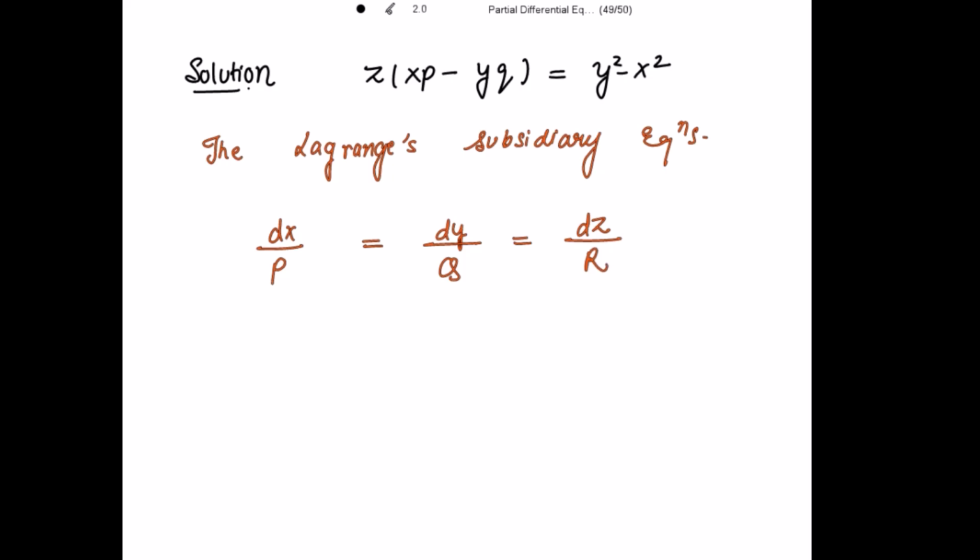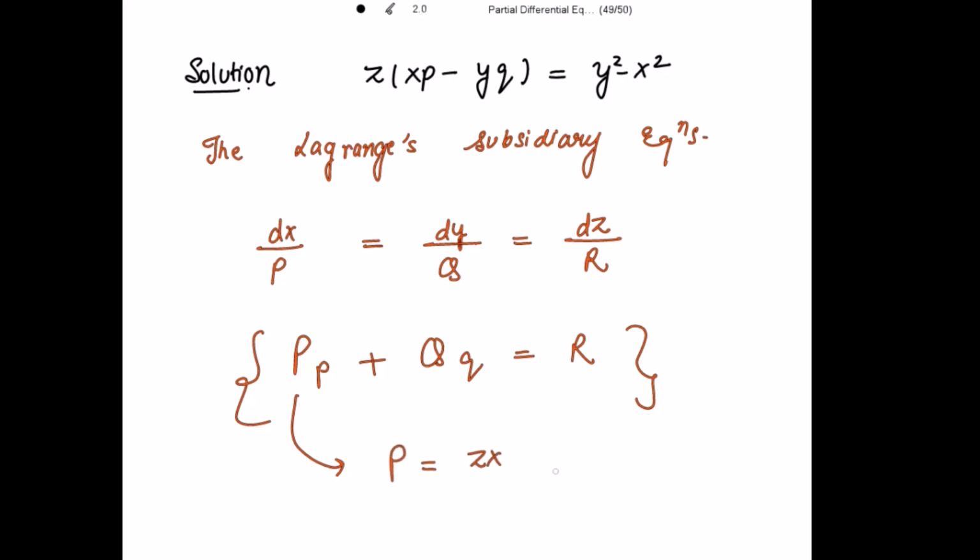by capital R. The format of the equation is capital P into p plus capital Q into q equals capital R. For this format, what is the capital P? It is z into x, from this equation, and capital Q is minus zy, and capital R is y square minus x square.